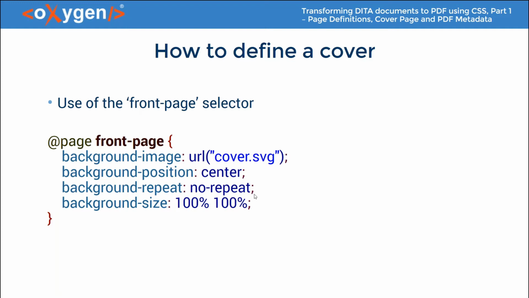Like this, I'm sure my document will not process too many cover images to create my cover. And the last rule is the background size. As I want my cover to occupy the whole page, I will simply define that my cover is 100% of both width and height.